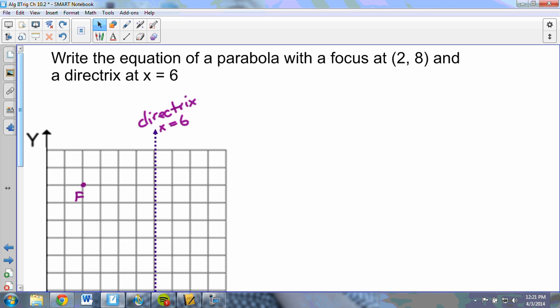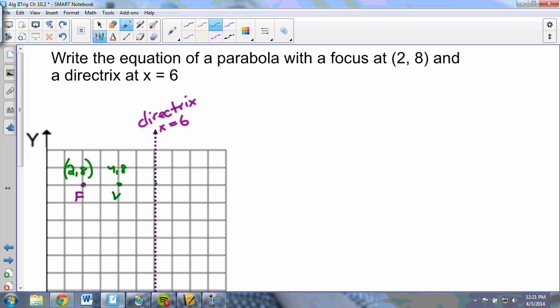You go 4 on one side. Yeah, it would be 2 down and 2 up. You guys are saying different things, for the record. If this is the point 2,8, we know the vertex is going to be halfway between these two, so the vertex is at the point 4,8.